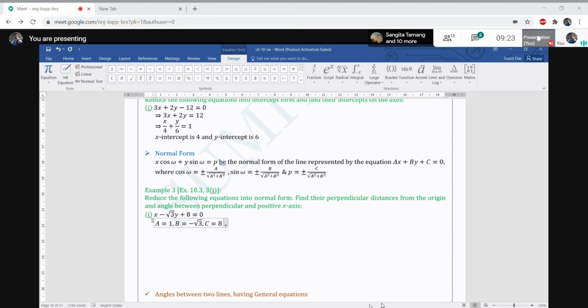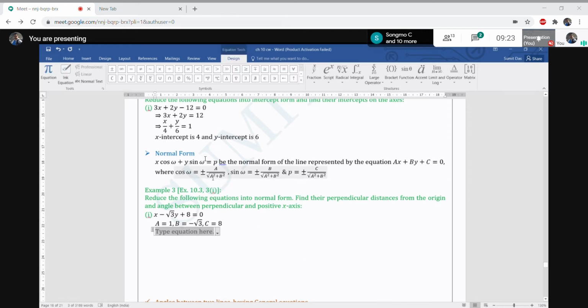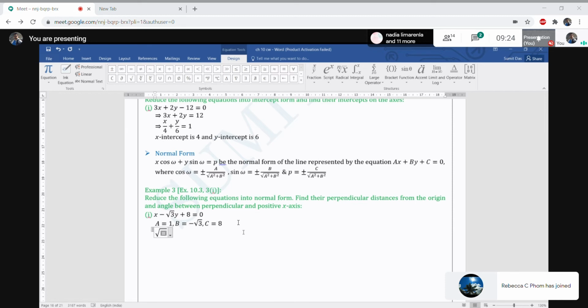Now in all 3 cases you need the square root of a square plus b square, so first find that, and it will be easier to solve the other parts.